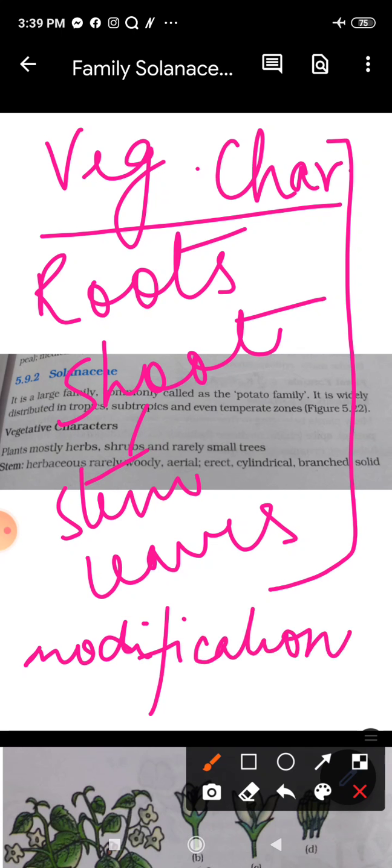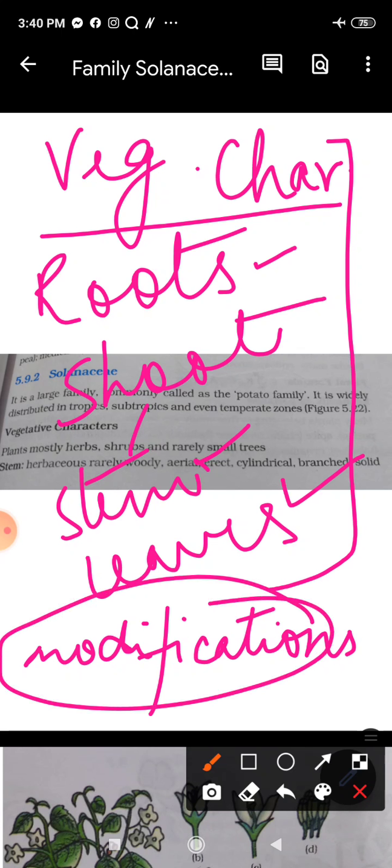We also discussed the different modifications when we talk about the vegetative characters. So in the vegetative characters we will briefly discuss what type of roots this family has, what type of stem this family has, what are the types of leaves that they have, and if there is any kind of modification, then what is the modification.